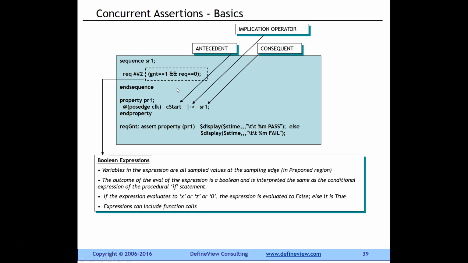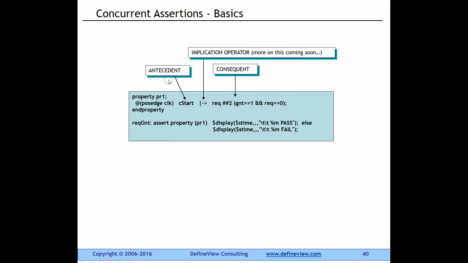That means the property will fail. So that's all in this particular slide. One more point here, that this Boolean expression can also include function calls. So the point is that in the sequence you can have temporal domain like we have on ##2, and you can have very sophisticated expressions including function calls.